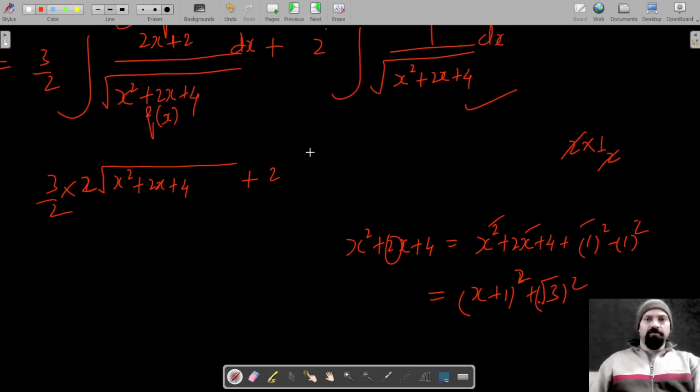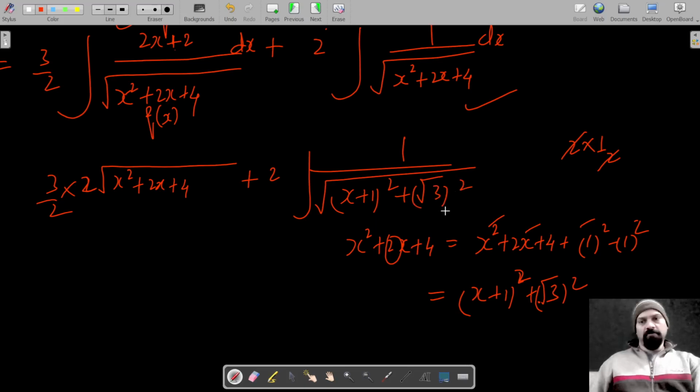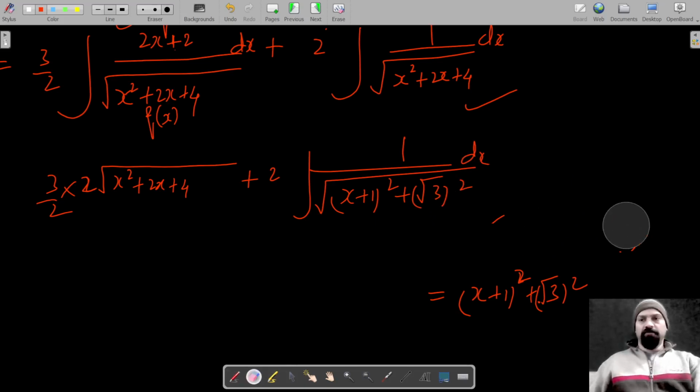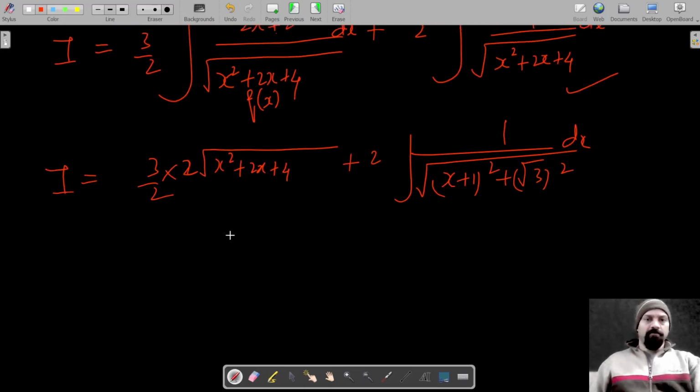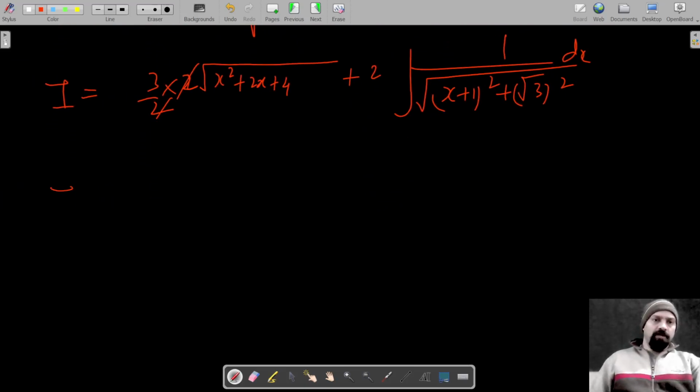So finally this is 2, and this is the integration of x plus 1 the whole square plus under root 3 the whole square into dx. And now this is of the form I is equal to 3 under root of x square plus 2x plus 4 plus 2.